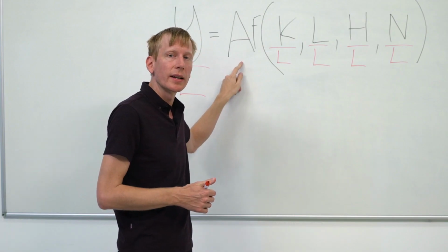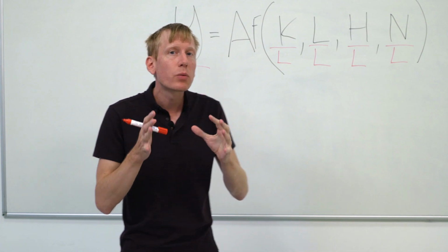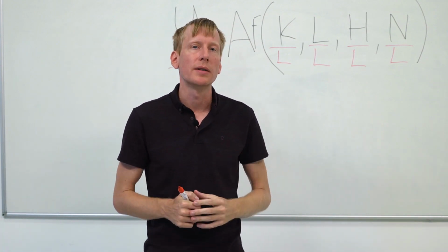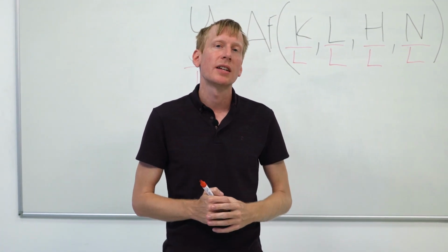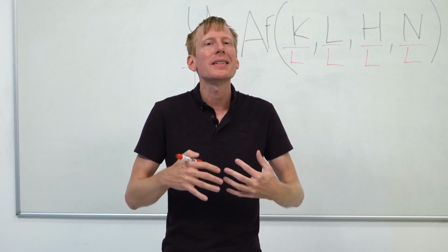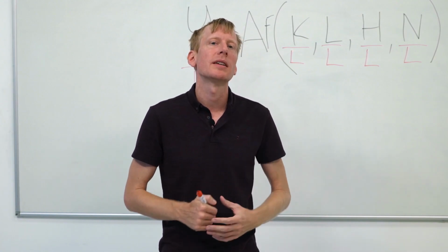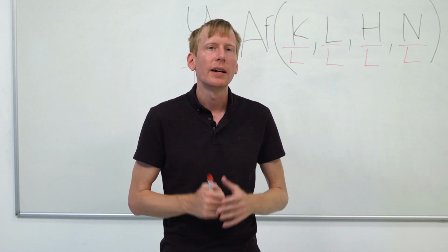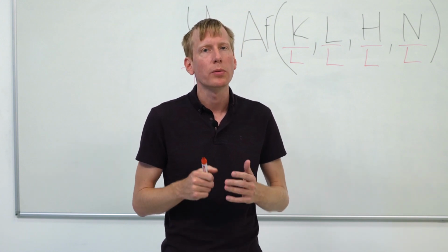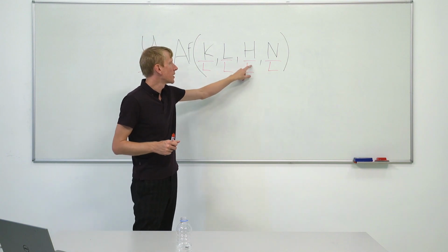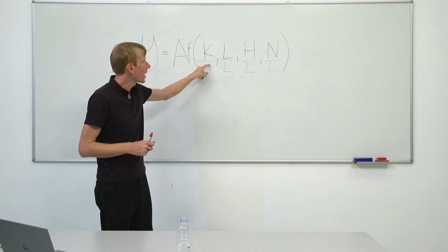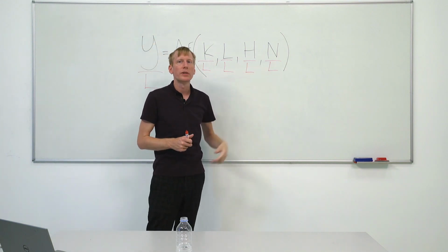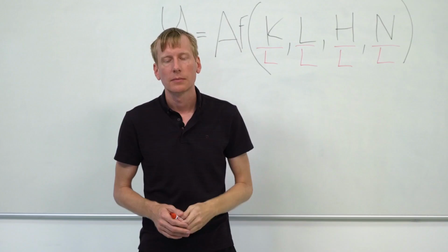We say that if with the same number of inputs we're able to produce 10% more, there must have been a 10% increase in technology, because that's the only thing that could explain it, if that increase in output or productivity can't be explained by human capital per worker, or capital per worker, or natural resources per worker.